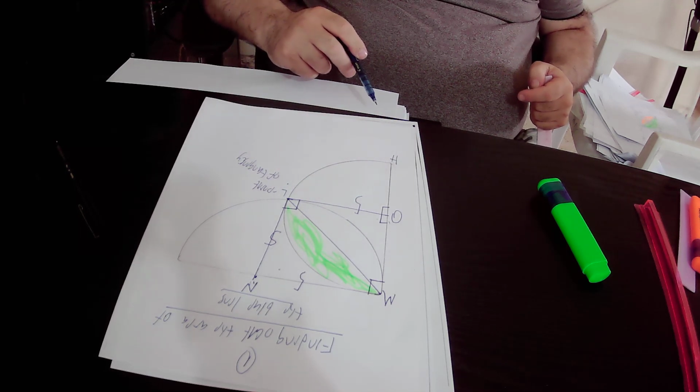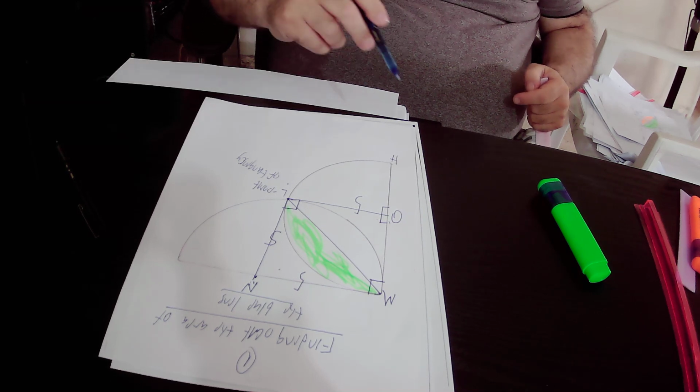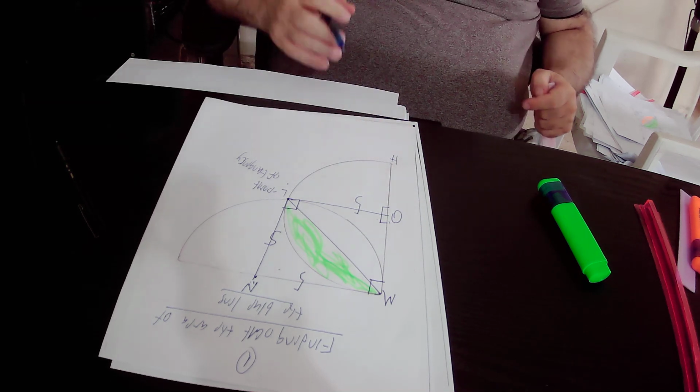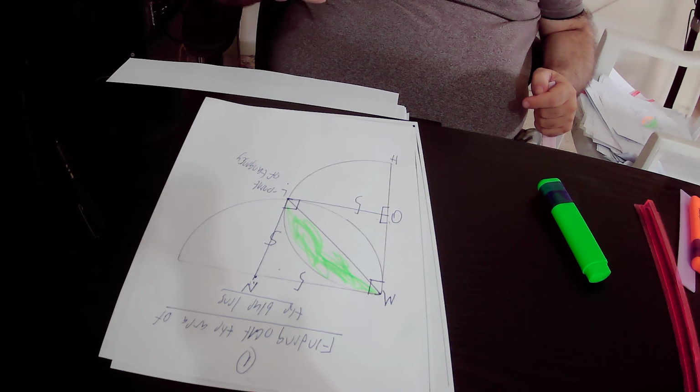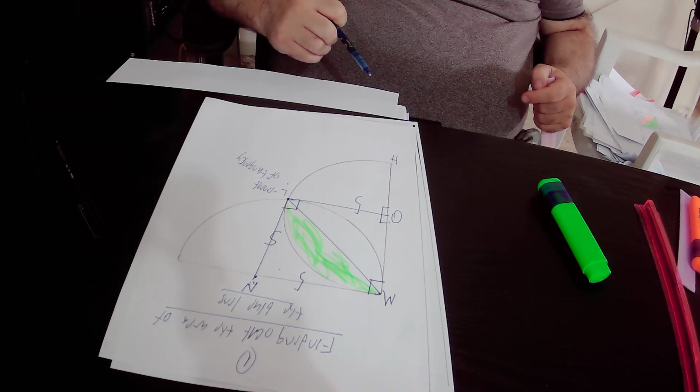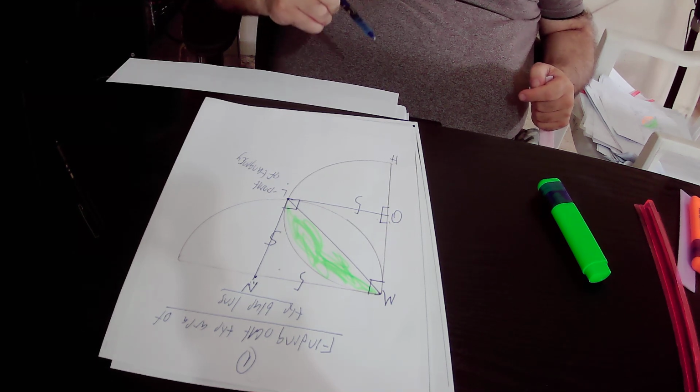Okay? Sector MOL is a quarter circle, and we know that the area of any quarter circle equals the area of the circle over 4.